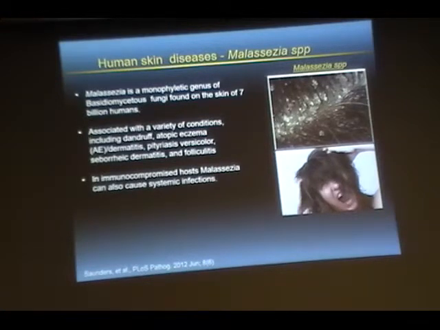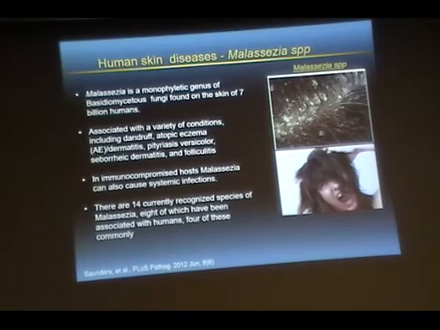Fairly immunocompetent people can get dandruff, but it can be easily treated and removed. Maybe the pH differences in the hair can lead to the invasion by Malassezia in the scalp. There are 14 currently recognized species of Malassezia, 8 of which have been associated with humans, and 4 of these are commonly involved with dandruff infection.